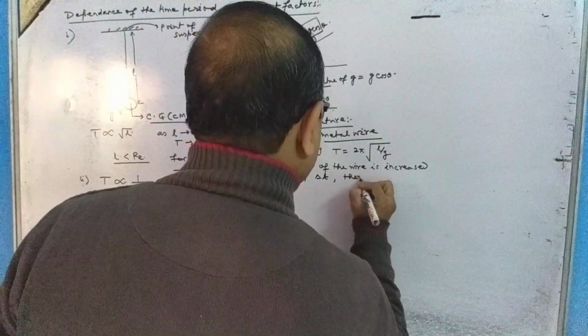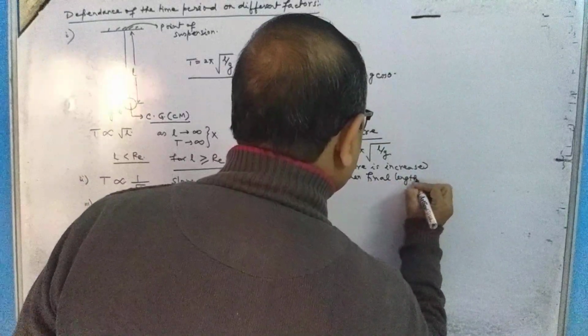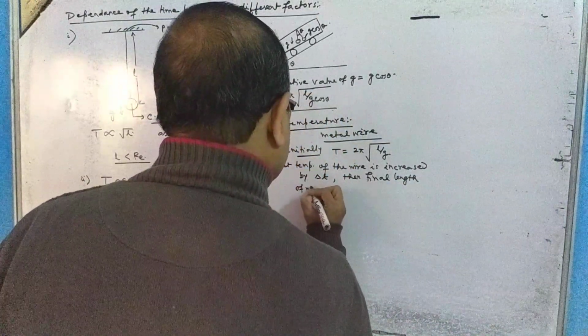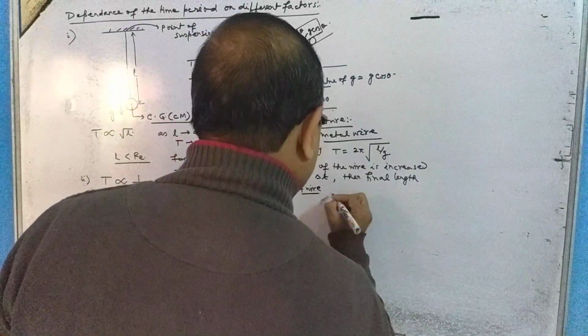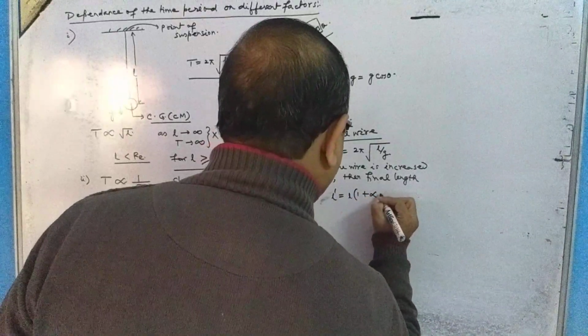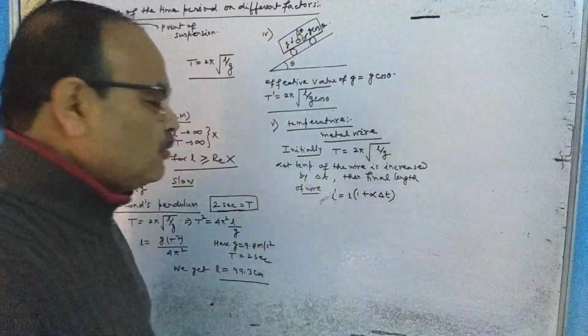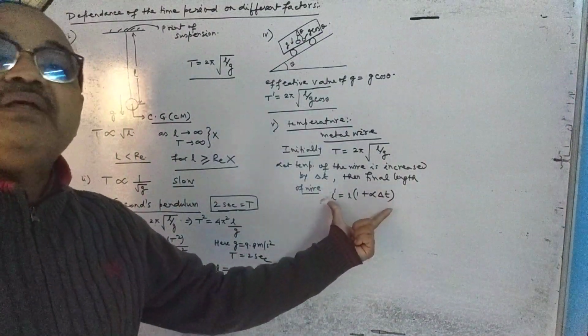Then what will be the final length of the wire? The final length of the wire will be L dash is equal to L times 1 plus alpha delta T. I hope this expression, we are taking it from the thermal effect of heat.